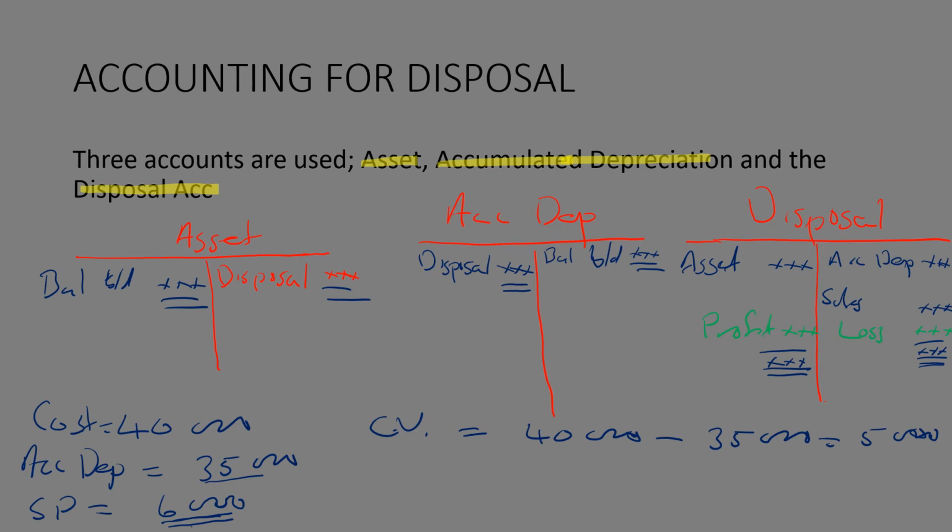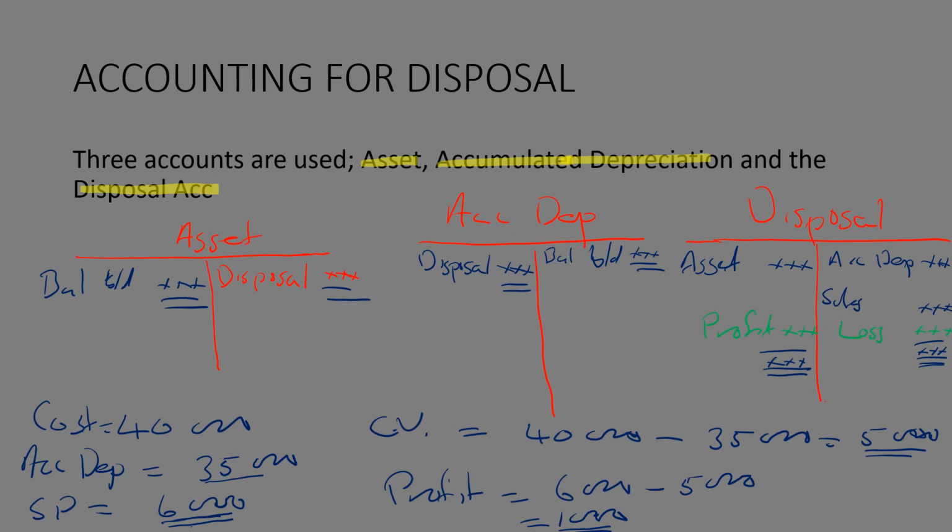Right, so normally you make a profit when the selling price of the asset is more than the carrying value, right? You make a profit. And what was the profit on sale? That's 6,000 minus 5,000, which is equal to 1,000. So that will be the profit on sale of that particular asset.